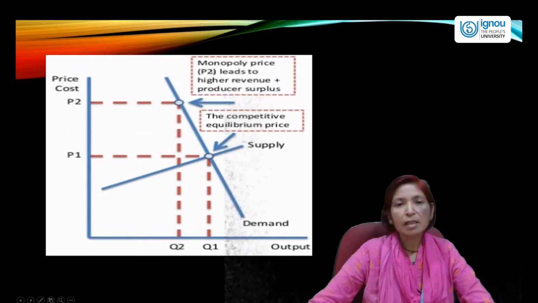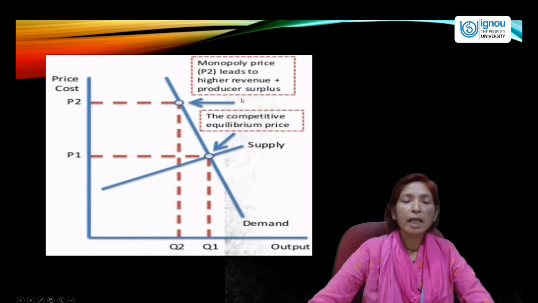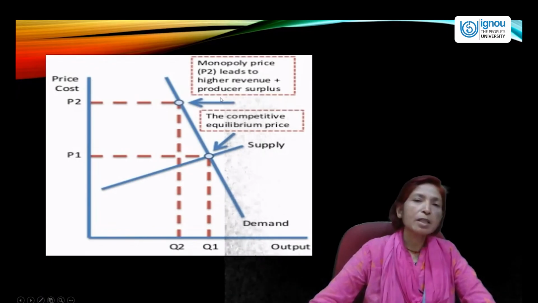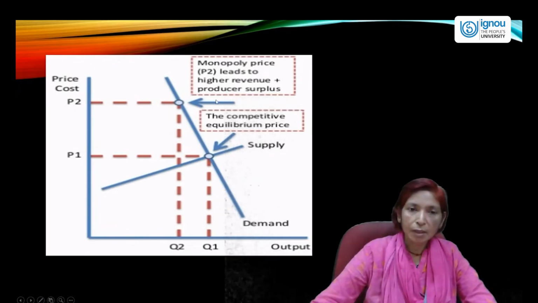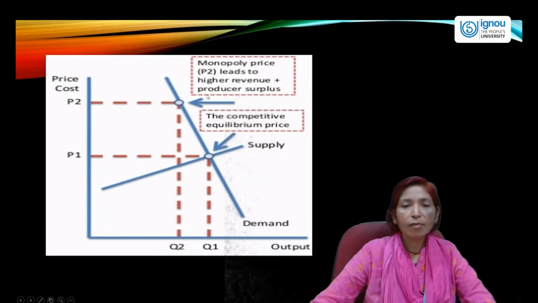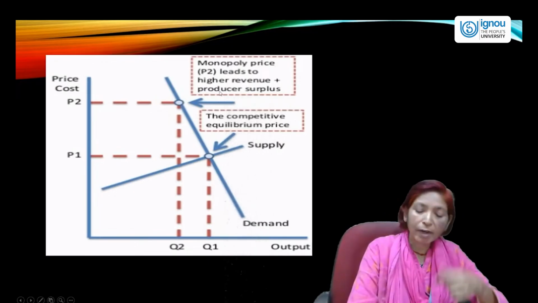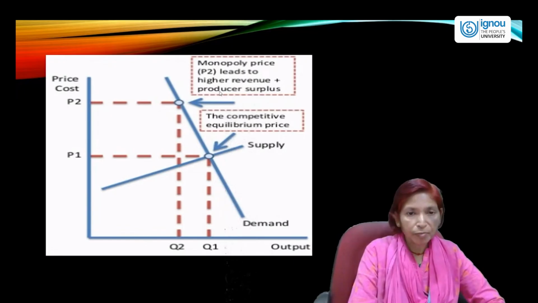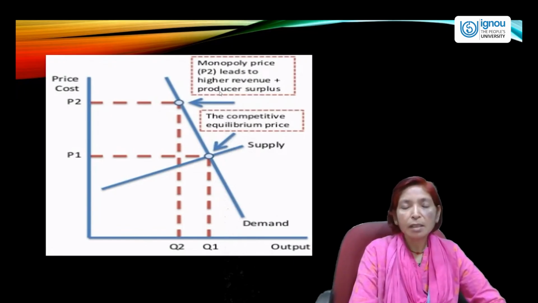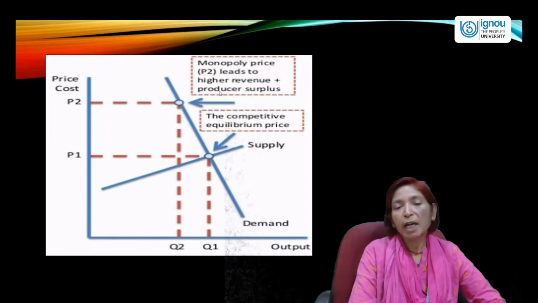So in this case, the producer will gain surplus, but consumer surplus will fall. So this is the case of imperfect information or imperfect competition. Like in the case of monopoly and monopolistic competition markets, the demand curve remains inelastic and supply remains elastic because a single seller has full control over price and quantity of the product.